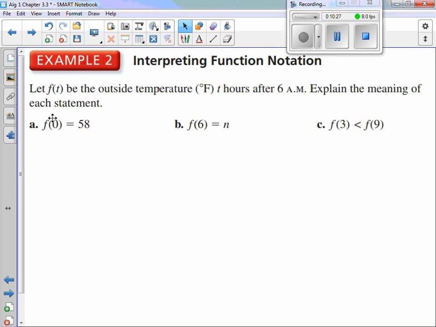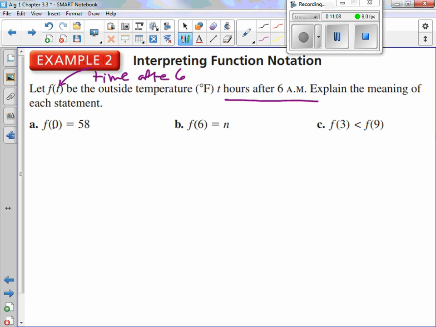So the input value is kind of X, or what goes inside the parentheses with F. Because F of T, the T here is our time after 6 a.m. So if we're saying F of 0, how many hours after 6 a.m. are we talking about? We're talking about 0, yes, because the value of T is 0.